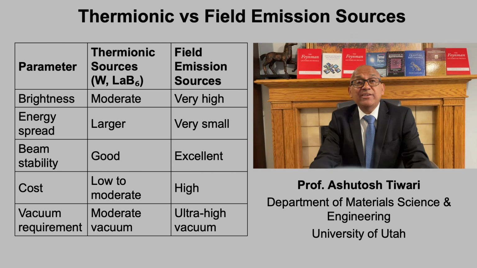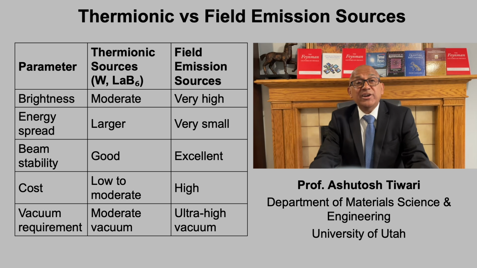This table summarizes the key differences between thermionic and field emission electron sources. Thermionic sources such as tungsten and LaB6 provide moderate brightness and a larger energy spread. Their beam stability is generally good, and they operate under moderate vacuum conditions.